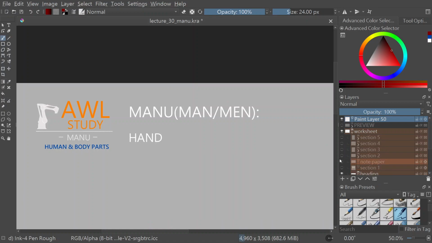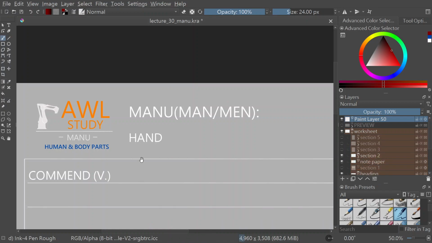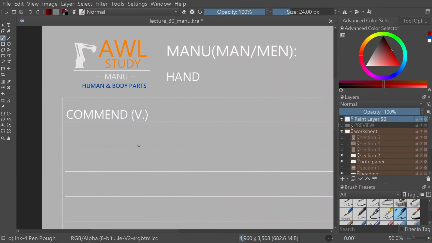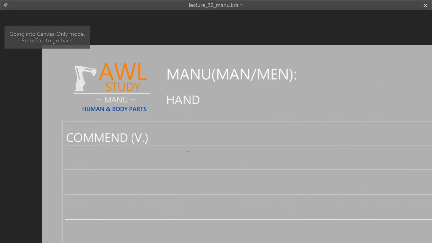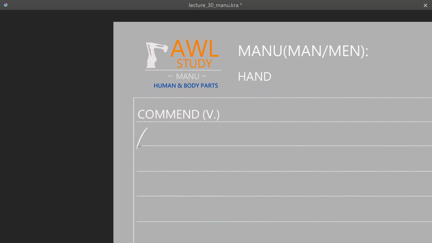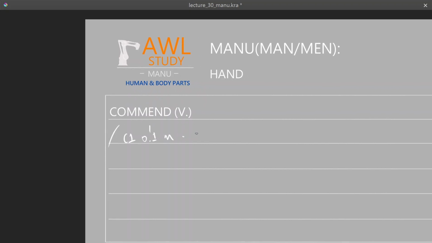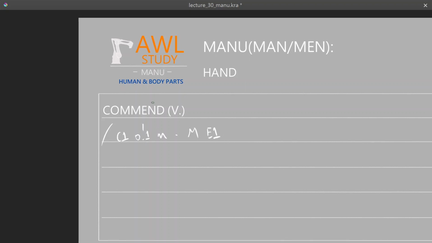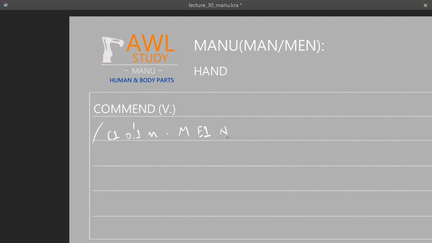So the first word is comment. Alright, let me change the color. Comment. So we have the first schwa sound, comment. The first sound of e, comment.